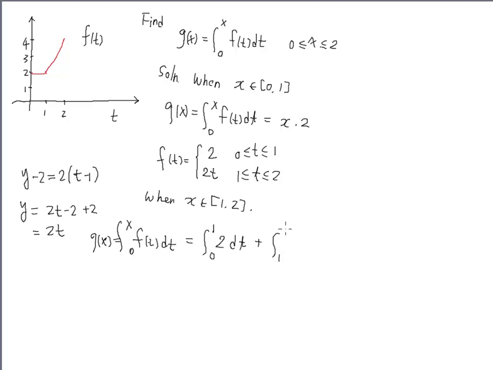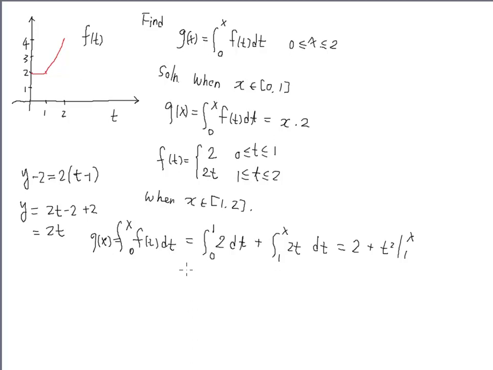From 1 to x, we have 2t dt. Of course, the first piece is simply 2, because base times height. For the second one, if we use the fundamental theorem of calculus, this is going to be t squared, and then we plug in x and 1.